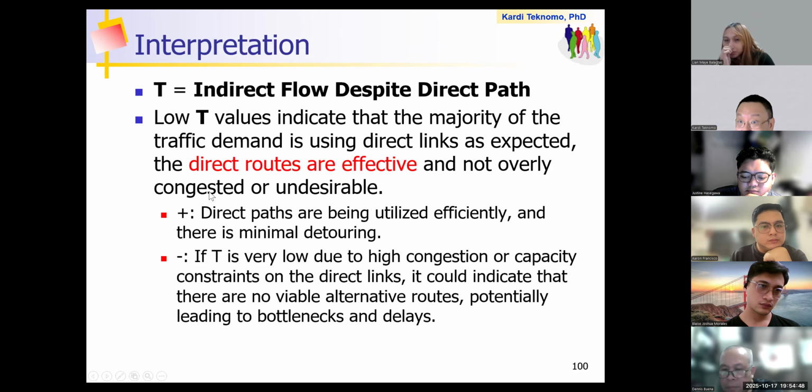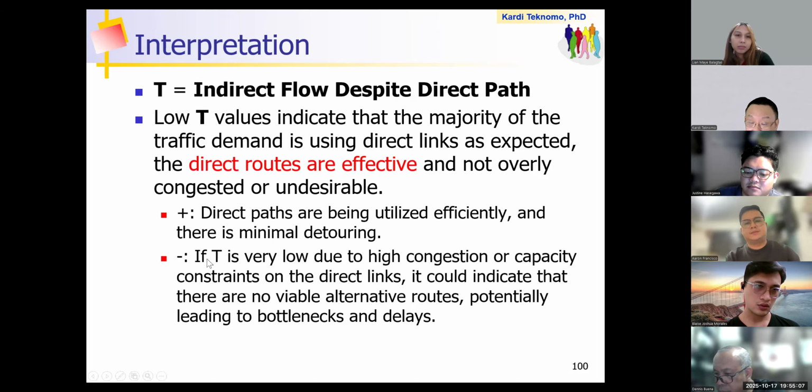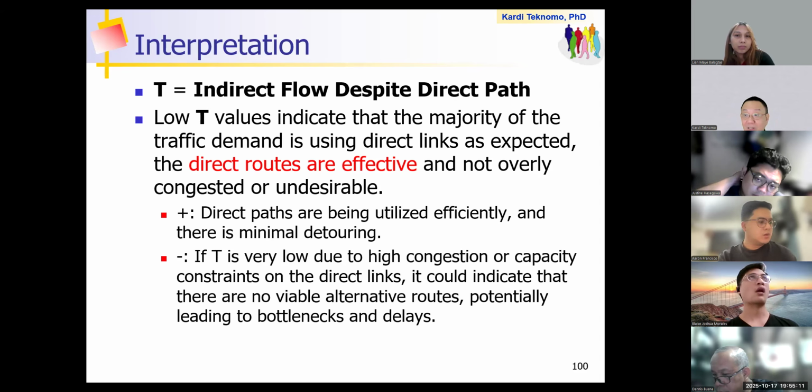If you have low T, a low value in the indirect flow here, that means the majority of the traffic demand uses the direct link, and this is expected. But somehow they also use indirect.